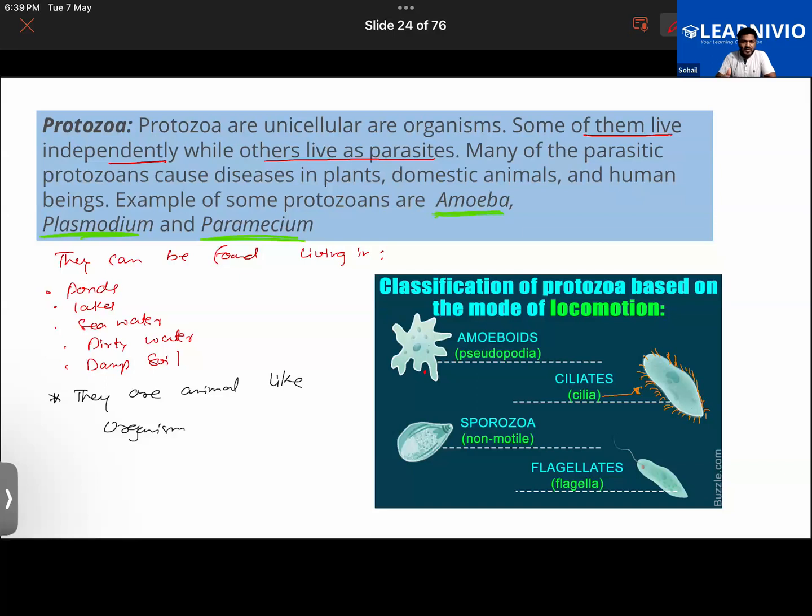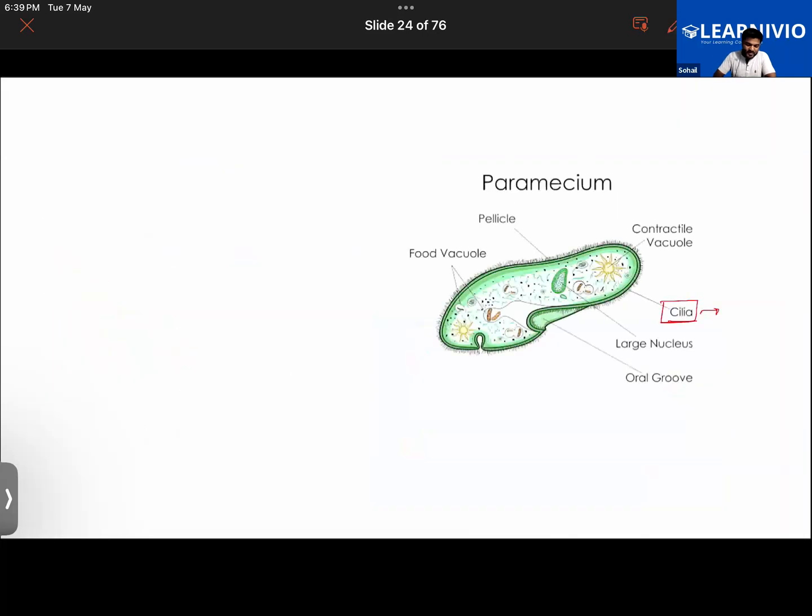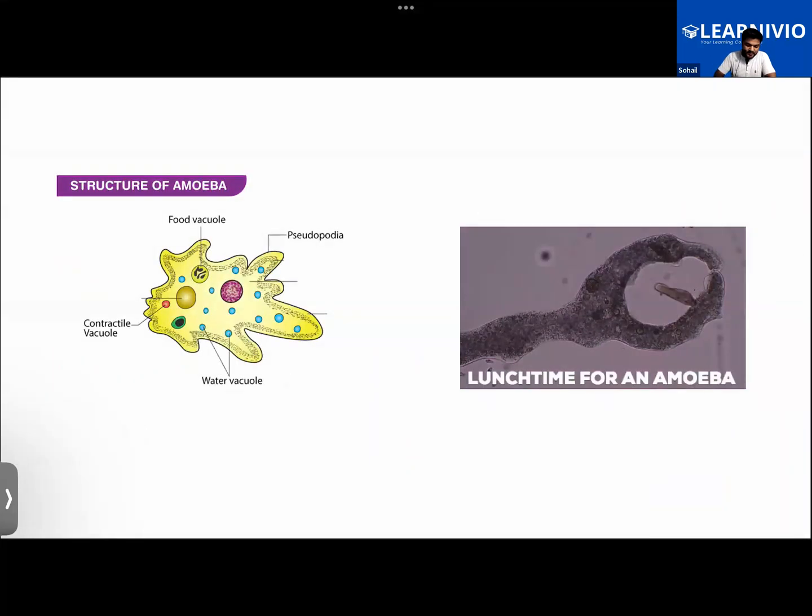Yes, they are single-celled microorganisms. You have all heard the name of microorganisms like the very common one, the amoeba. Many times students confuse it for a bacteria, but it's a protozoa.